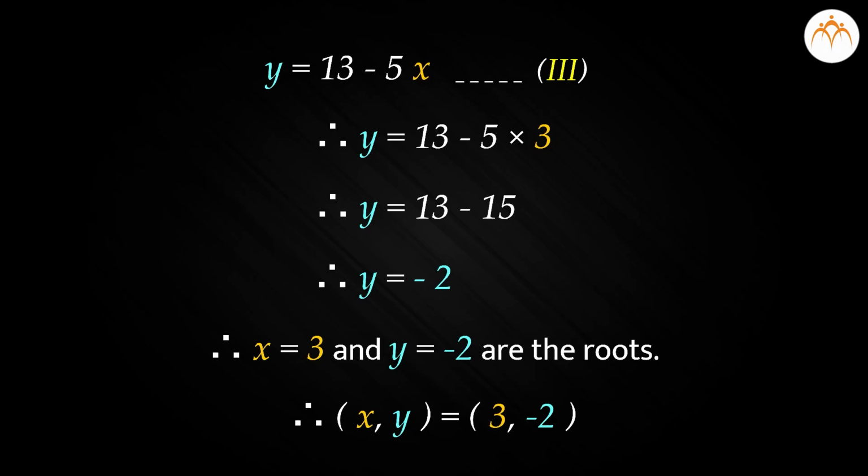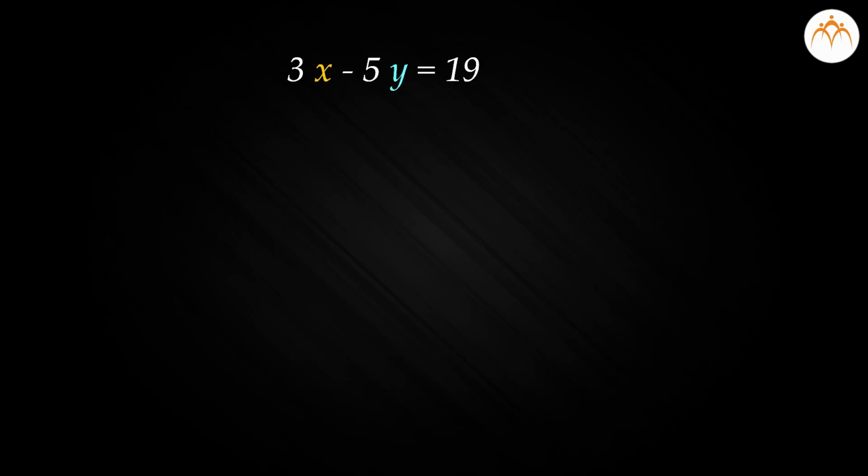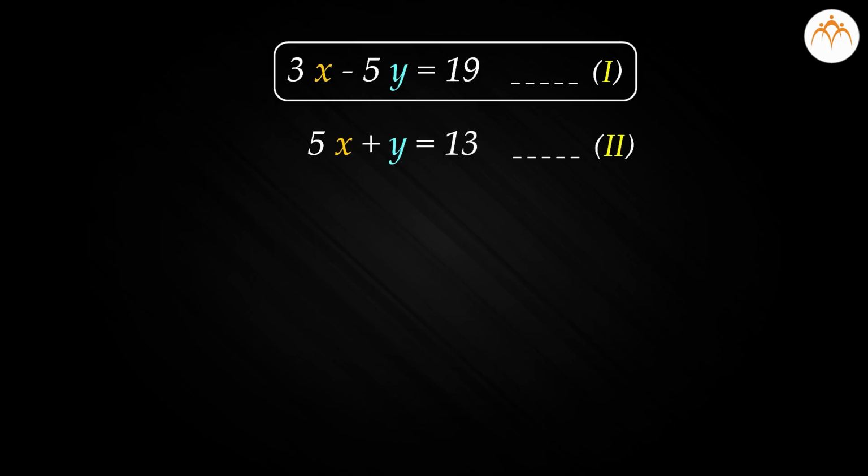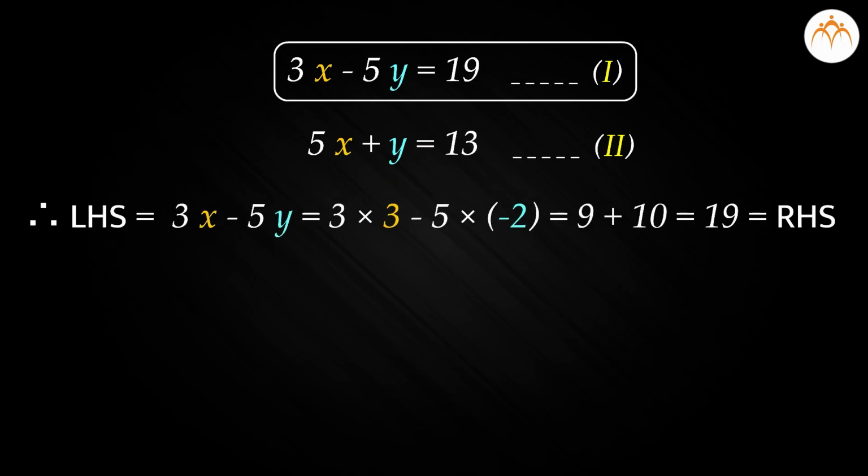We can cross-check if x, y is 3, minus 2 satisfies both the equations. 3x minus 5y is equal to 19 is equation 1. 5x plus y is equal to 13, equation 2. Consider equation 1. 3x minus 5y is equal to 19. Now the left hand side is 3x minus 5y.